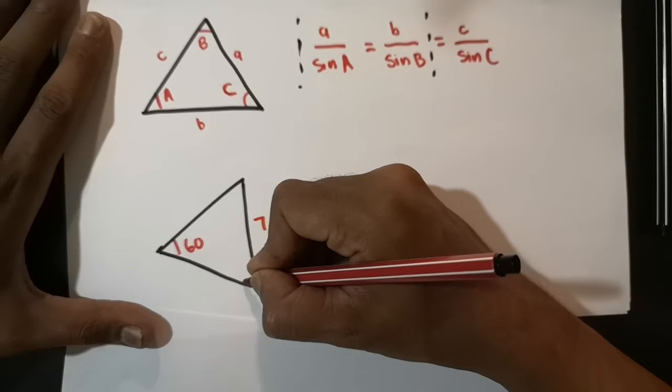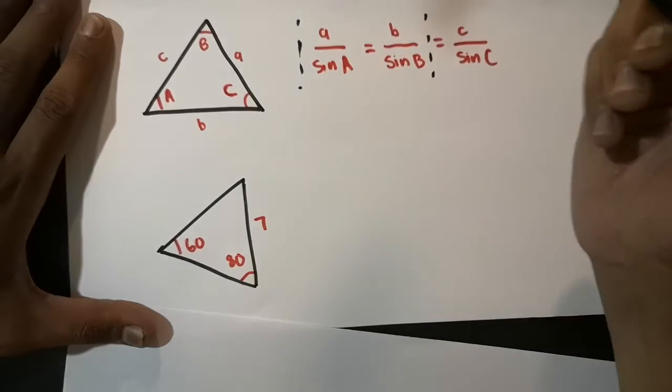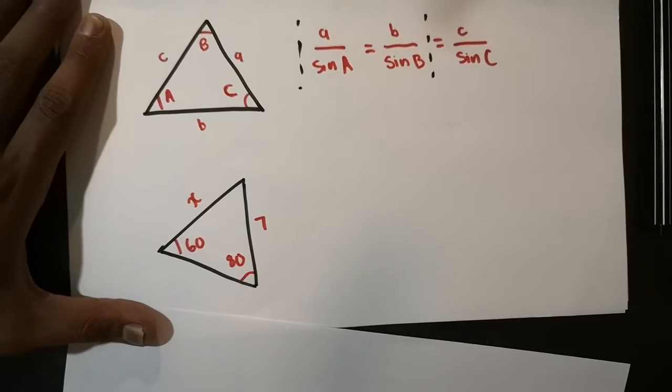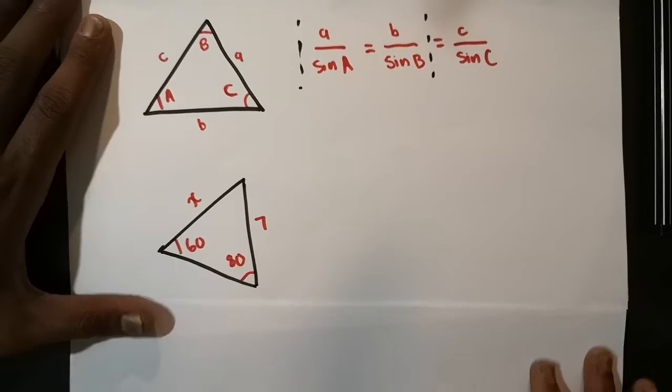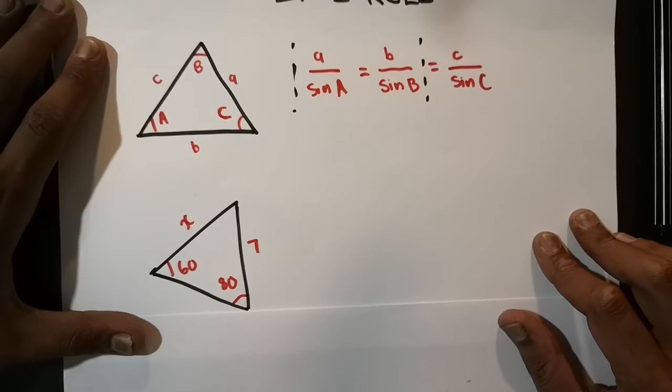How about this? Put it as 80. And this as x. Okay, so how do I find length x?